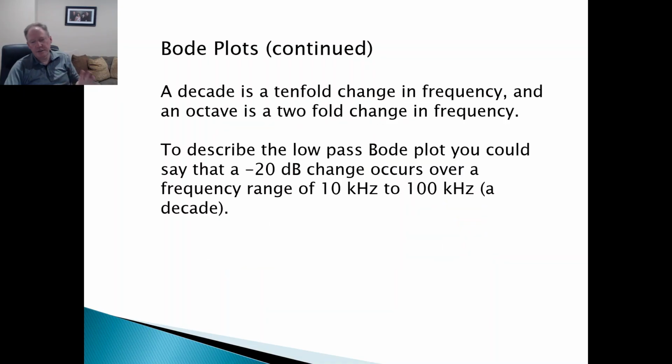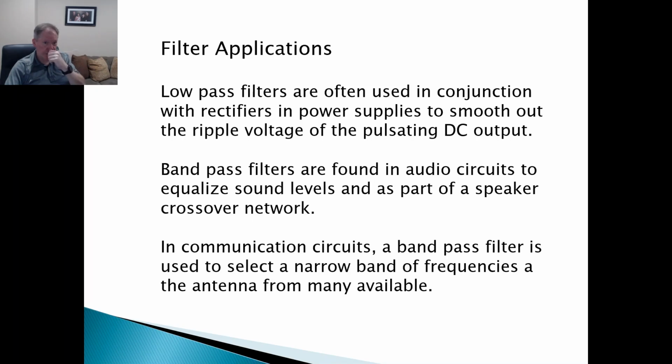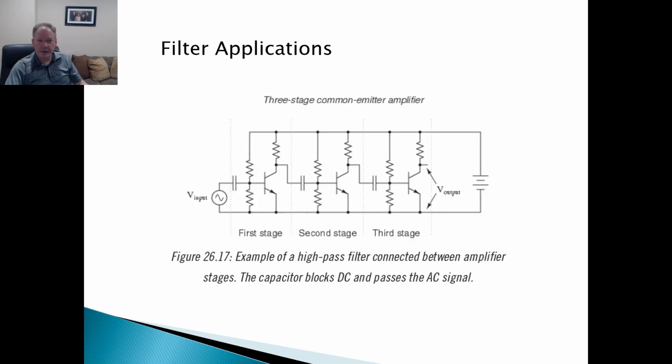You're going to do a ton of this in the communications class. Really, that class is how you understand all this. Okay, so that's pretty much it for this chapter. And where do you see some of these filters? Definitely in our stereo systems and our amplifier systems.